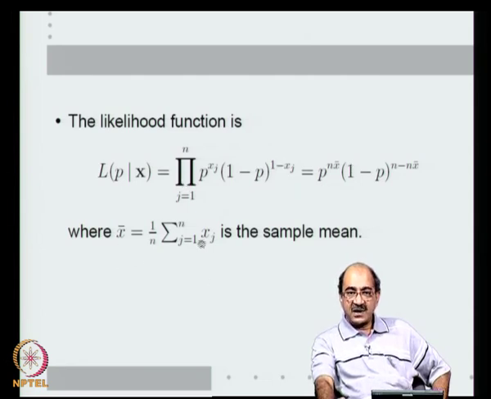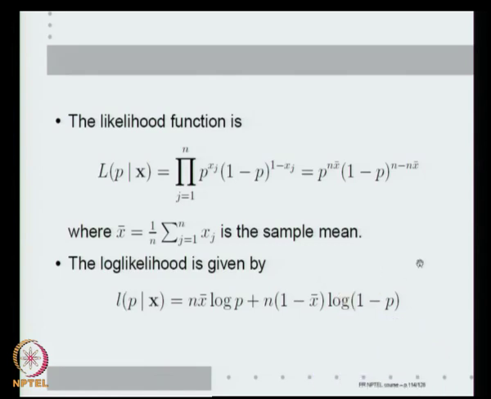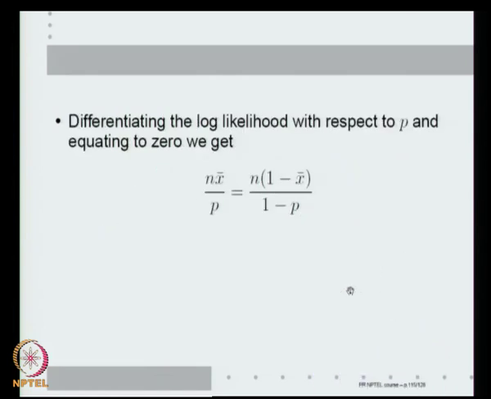If I write x bar as the sample mean, then summation x j is nothing but n x bar. So, this becomes p power n x bar times 1 minus p power n minus n x bar. So, the log likelihood will be n x bar log p plus n into 1 minus x bar log 1 minus p. This is a very simple thing to differentiate.